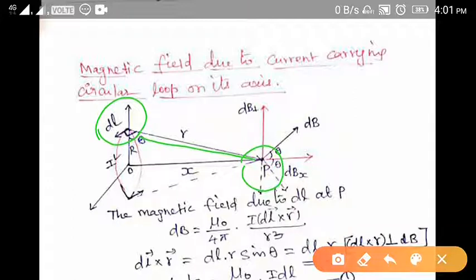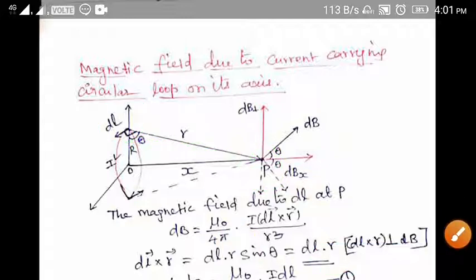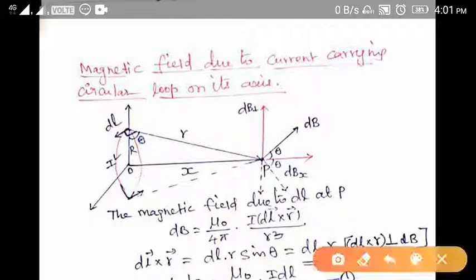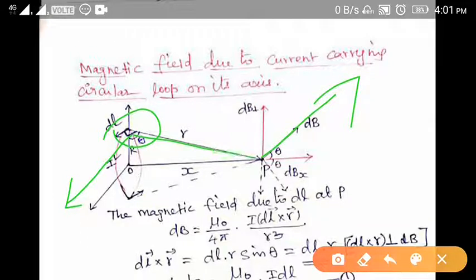Here the magnetic field produced due to the small element is in this direction, according to the right hand thumb rule. The direction of dl is this, r is this direction, and the magnetic field will be perpendicularly inward to the plane of paper, denoted by dB.